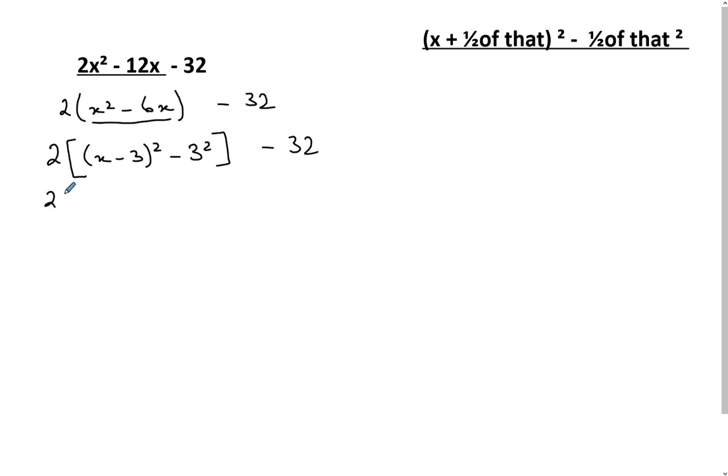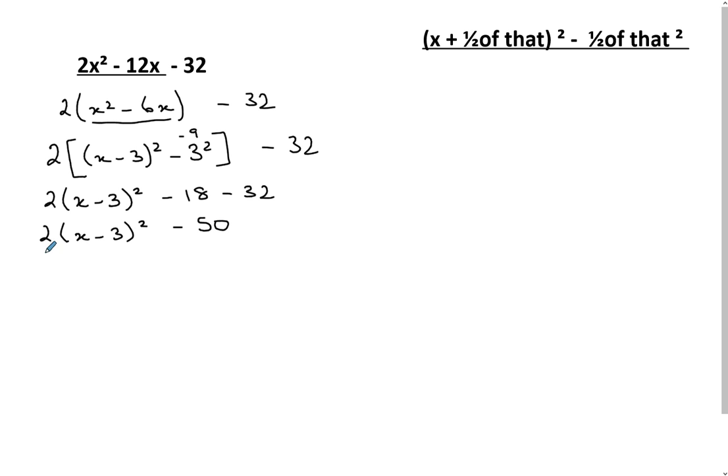Okay, and we'll just copy the first part of the expansion. And minus 3 squared is minus 9, so minus 9 times 2 is minus 18, and then minus 32. So you've got 2x minus 3 squared minus 50.